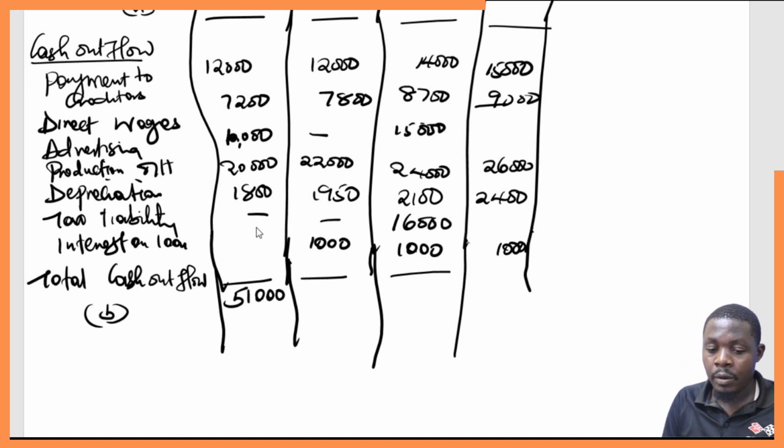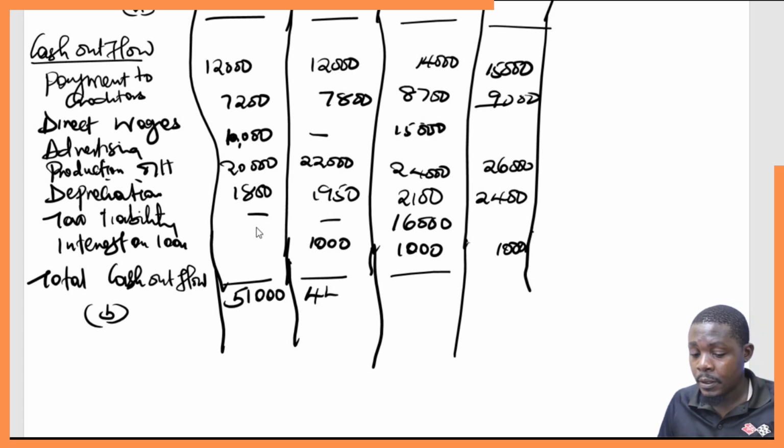Okay, we have 12. From February, let me just get the total first. Plus 22 plus 1950 plus 1000. We have 44,750.